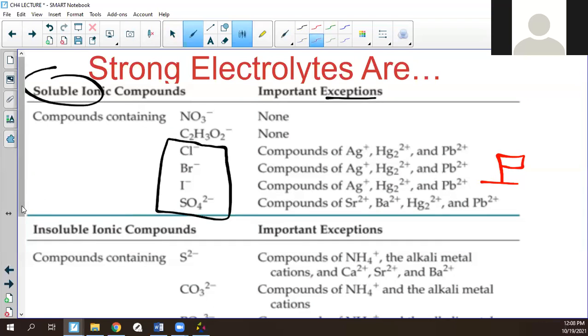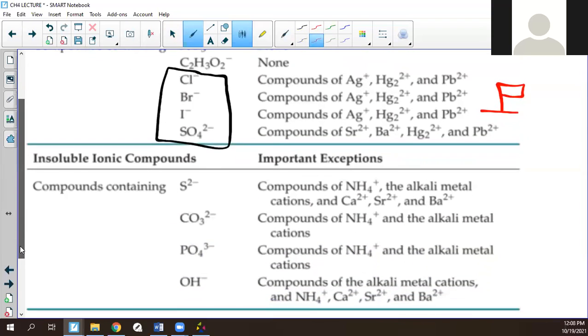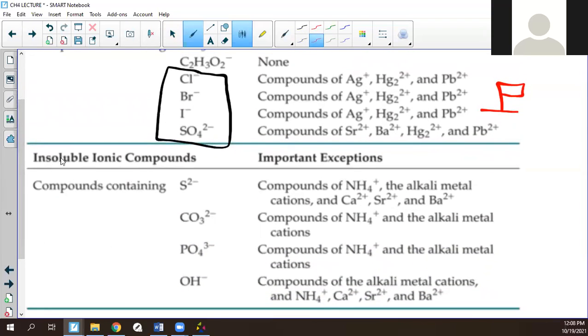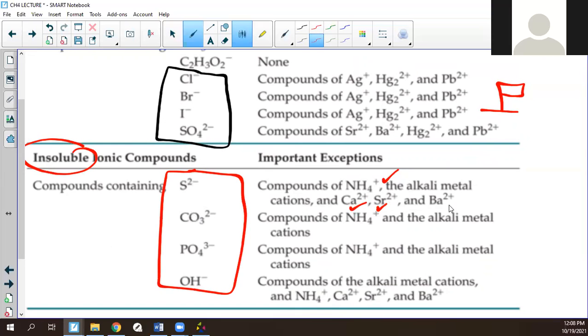All right, now these things right here are typically insoluble, meaning these are always going to be in the precipitate, except when they're with NH4, Ca+, Sr2+, Ba, or family 1. Do you see anything in common right here?